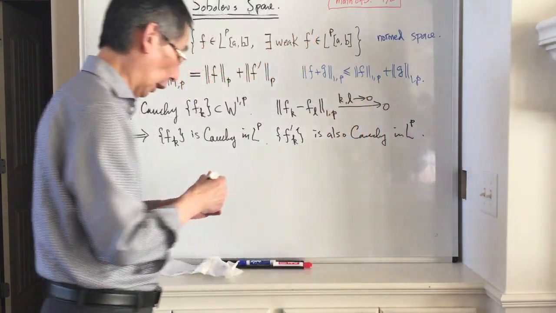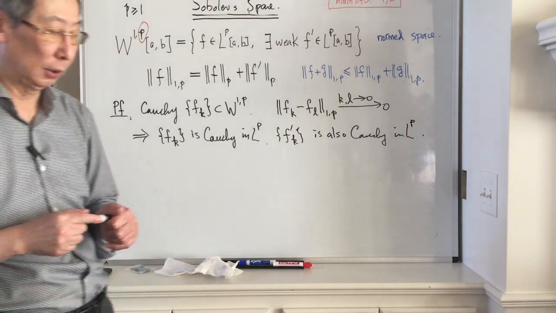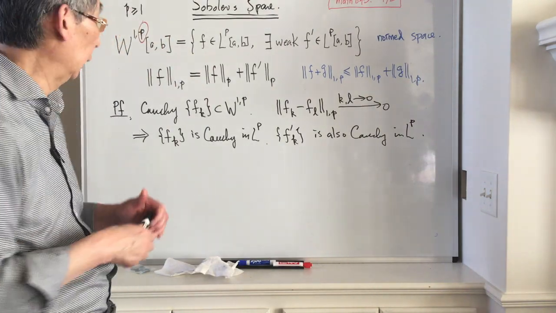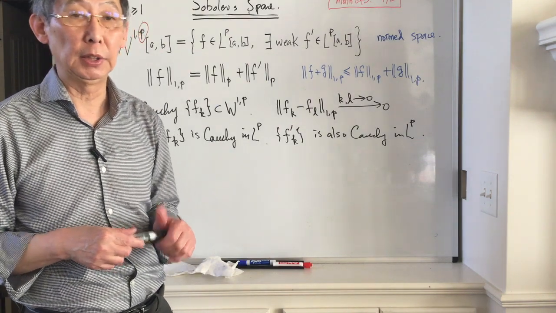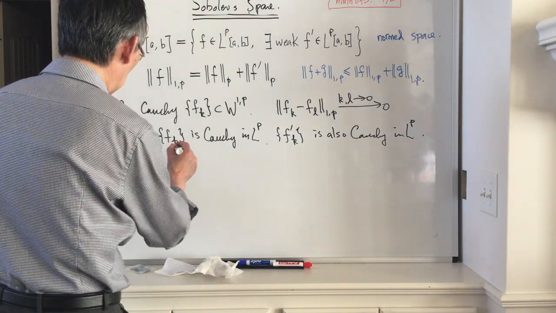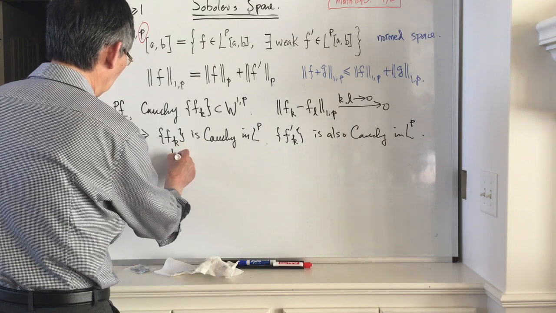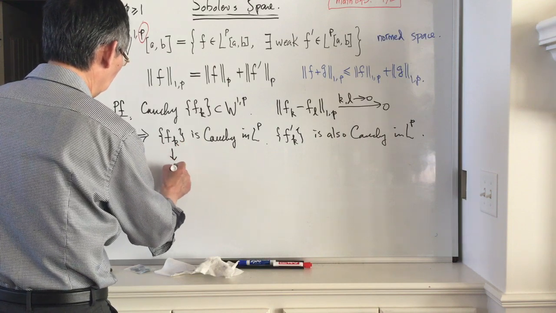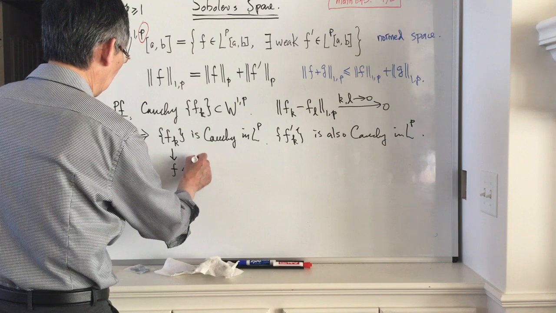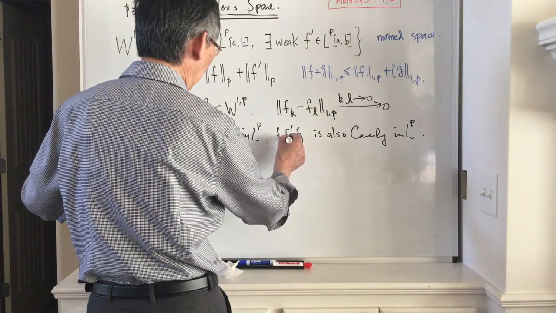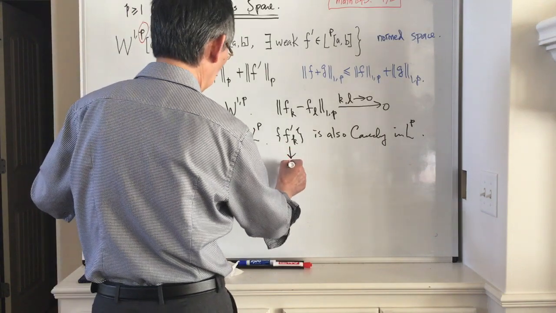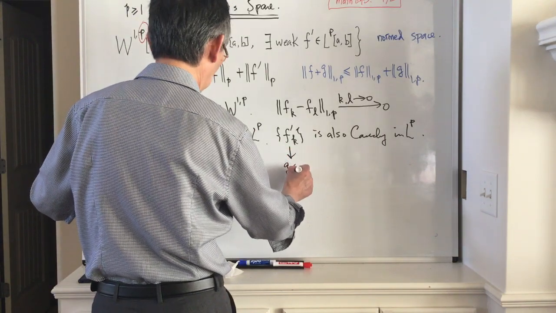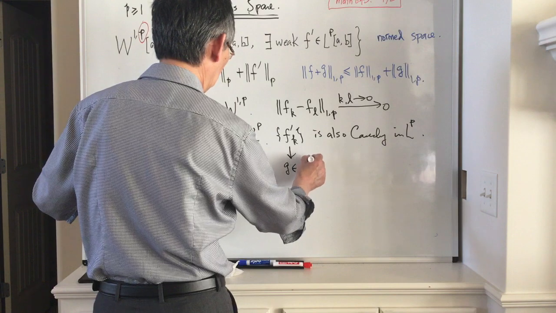So this is what we got. Now, L^p is a Banach space, it is complete, so a Cauchy sequence there must converge. Therefore f_k should go to a function f in L^p, right? And at the same time, f_k prime is also going to converge to something else, which we call g, also in L^p.